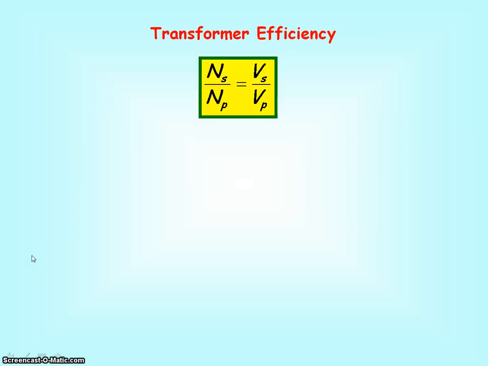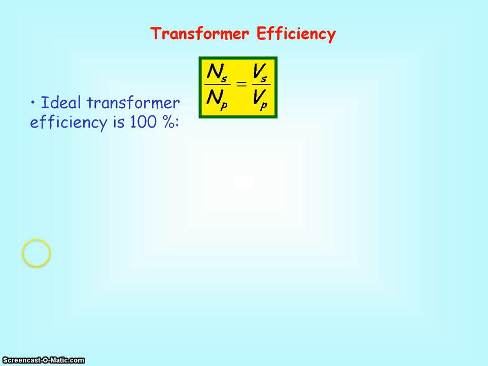For an ideal transformer, its efficiency would be 100%. So we can say then that the total input power will equal the total output power. And power is found by current multiplied by voltage. So the current times voltage for the primary coil will equal the current times voltage for the secondary coil.